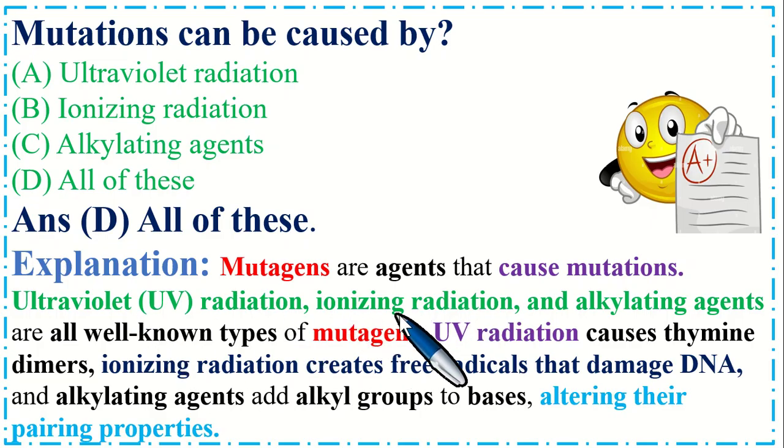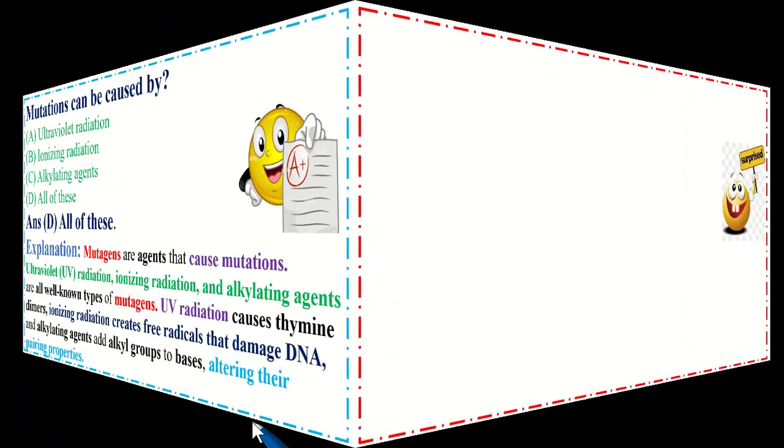UV radiation, ionizing radiation, and alkylating agents are all well known types of mutagens. UV radiation causes thymine damage. Ionizing radiation creates free radicals that damage DNA, and alkylating agents add alkyl groups to bases, altering their pairing properties.